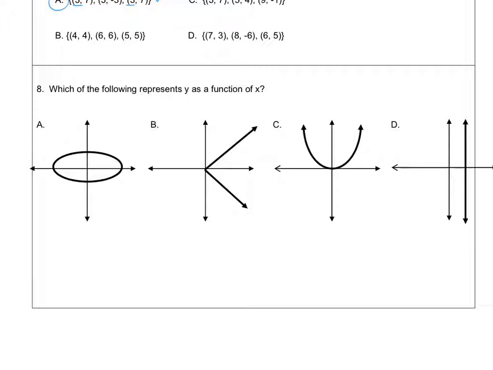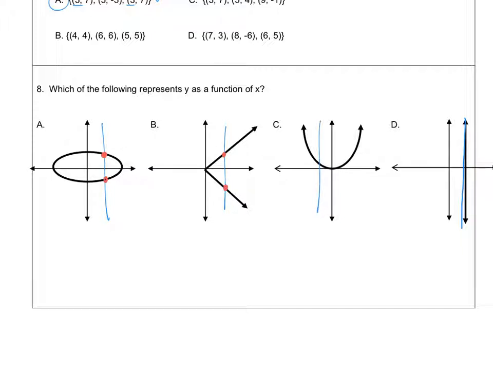In order for a graph to be a function, it needs to pass the vertical line test. Meaning, if I draw a vertical line at any point in the graph, it should only touch my graph once. On A, I can see here that my line actually touches my graph twice. So this one is not a function. On B, again, my line touches twice.